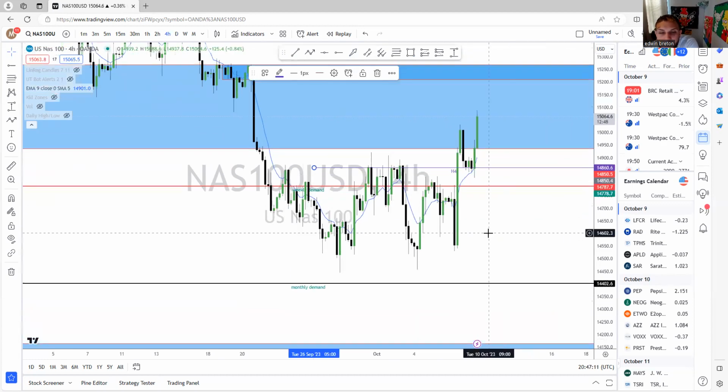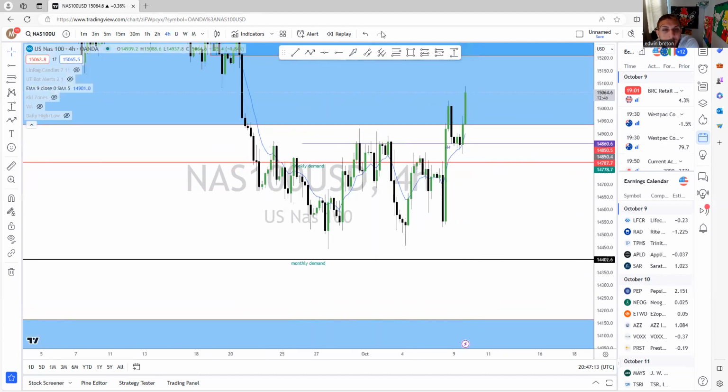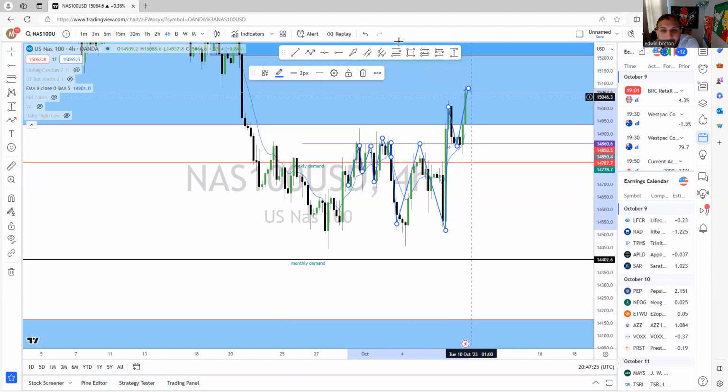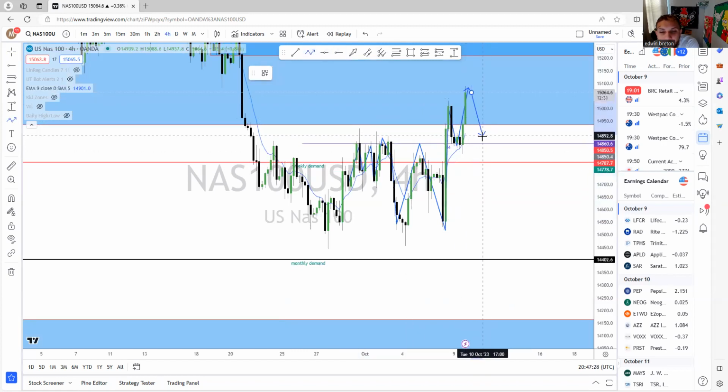So I know I'm going to be looking for this demand to keep holding. You can see she had a supply rejection, a full break above, came back, retested, pushed off that level, bullish engulfing. So as long as she holds this level here, this is a 4-hour level for me, I'm going to be catching buys.